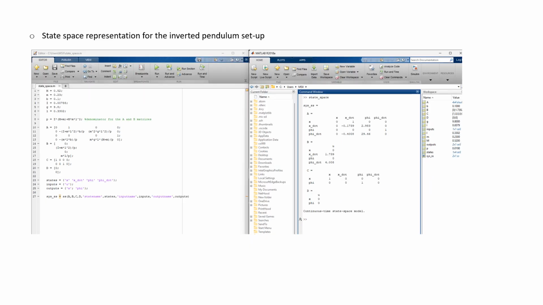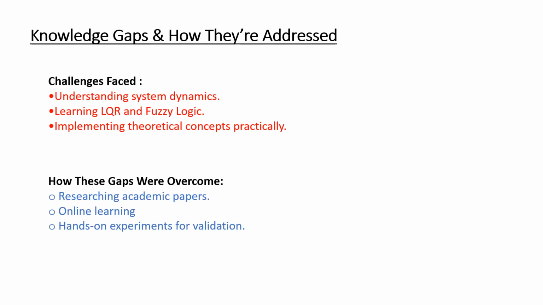Then I obtained the state space model. Building an accurate mathematical model took some difficulty. Even small mistakes could lead to inaccurate simulation.